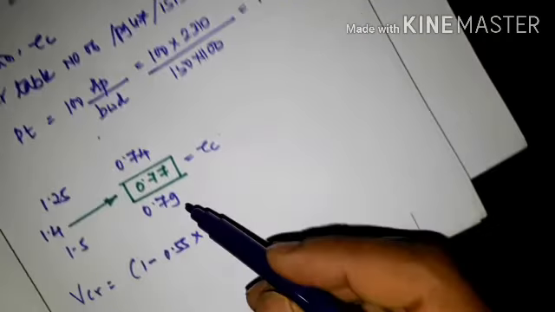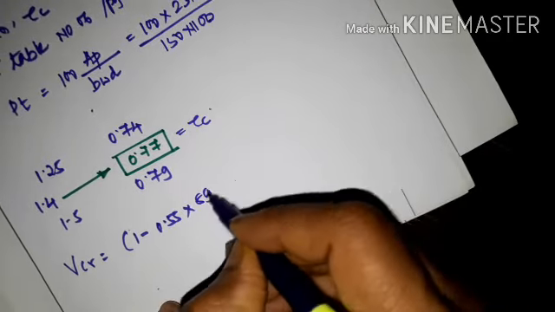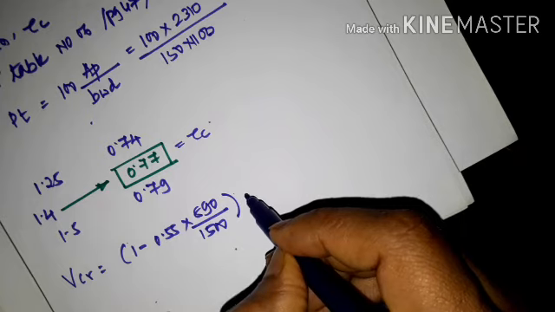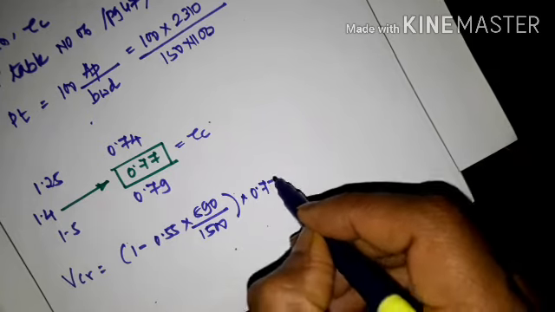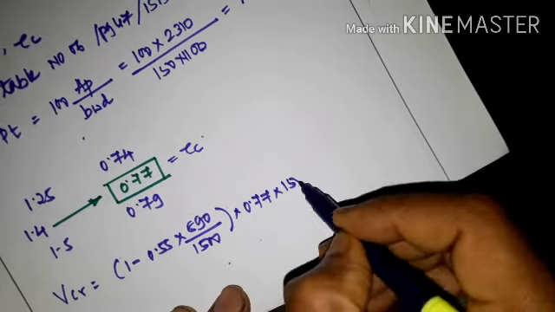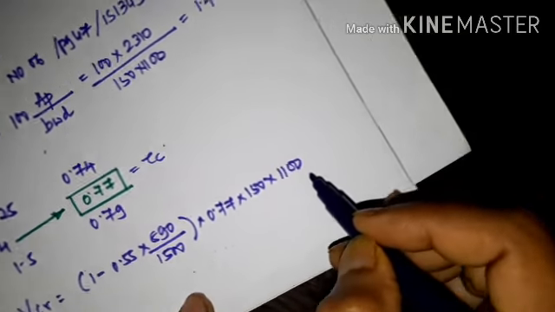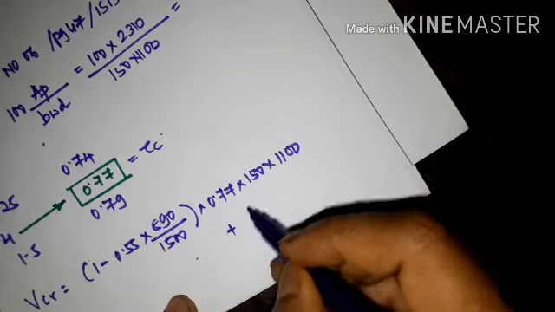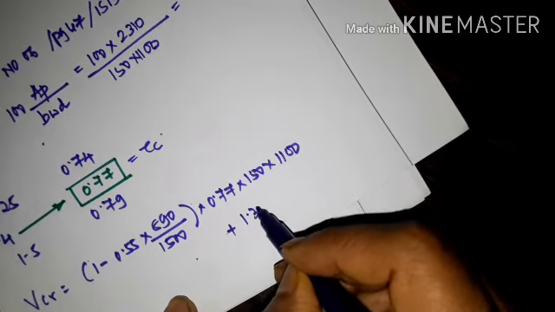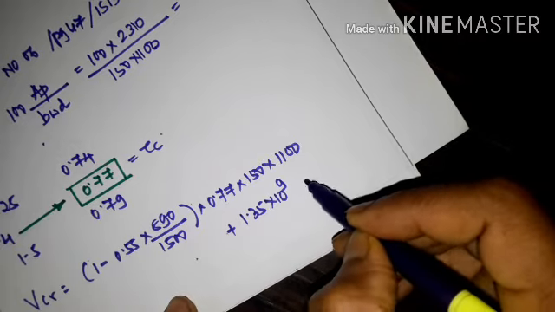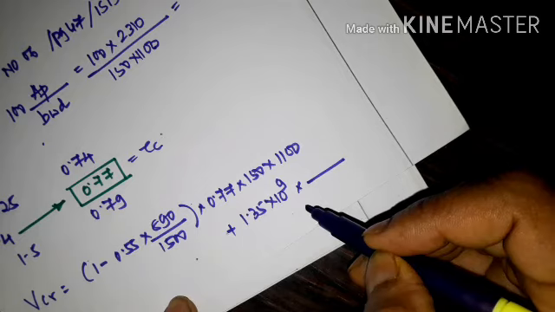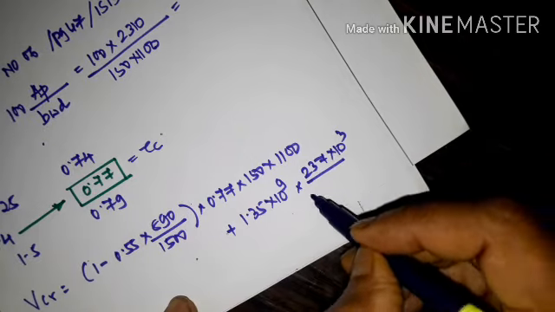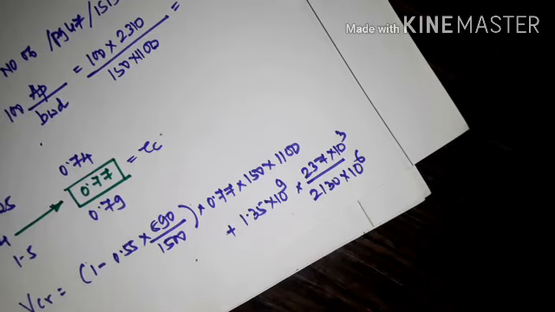FPE by FP, so FPE is 890 and FP is 1500, bracket complete, into tau c BW D. Tau c is 0.77, BW is 150, D is 1100, plus M naught, which is 1.35 into 10 raised to 9, into V by M. V is given as 237 kilonewton, to make it in Newton, and M is 2130 into 10 raised to 6 Newton mm.